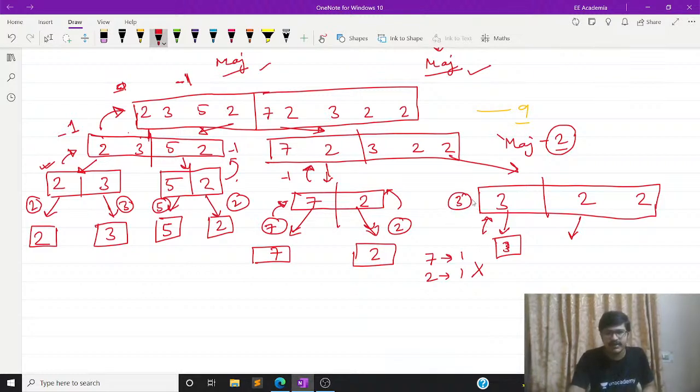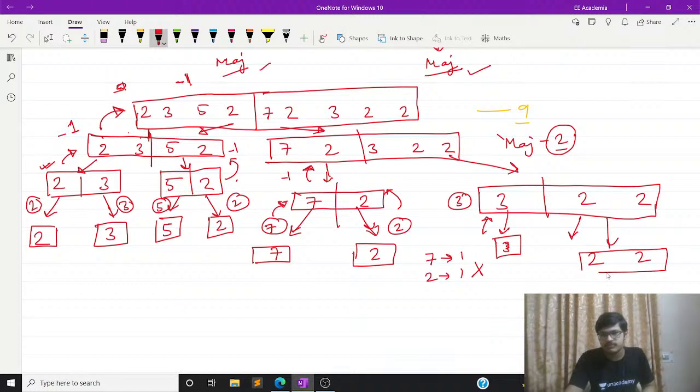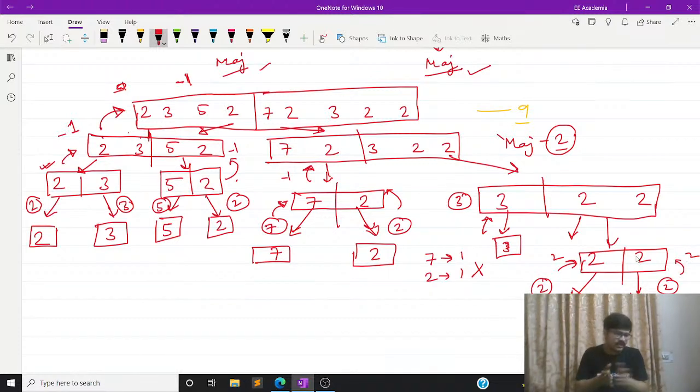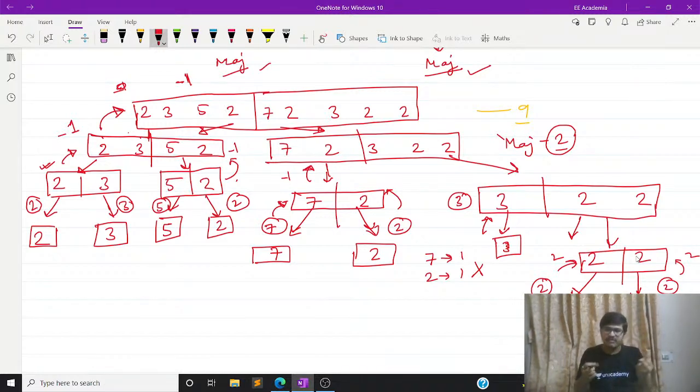So 3 is the possible candidate for majority element, and this is going to be called on 2 and 2. And again the recursive function calls break them here. So the majority is 2 here, the majority is 2 here. Now you see that it returns 2 here. Now comes the most interesting part. Both the left half and the right half have got the same majority element, which is 2.